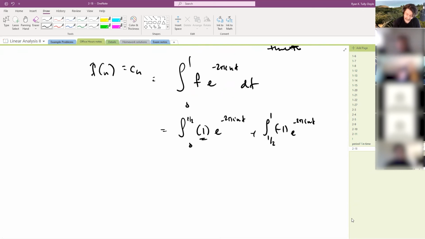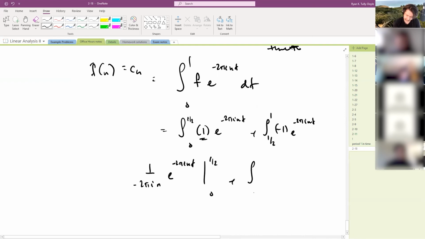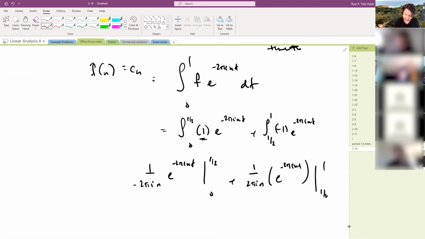At this point, I just integrate and plug in. So you get minus 1 over minus 2 pi i n, e to the minus 2 pi i n t evaluated from 0 to 1/2, plus the integral from 1/2 to 1 of, sorry, that minus comes down, positive 1 over 2 pi i n, e to the minus 2 pi i n t evaluated from 1/2 to 1.